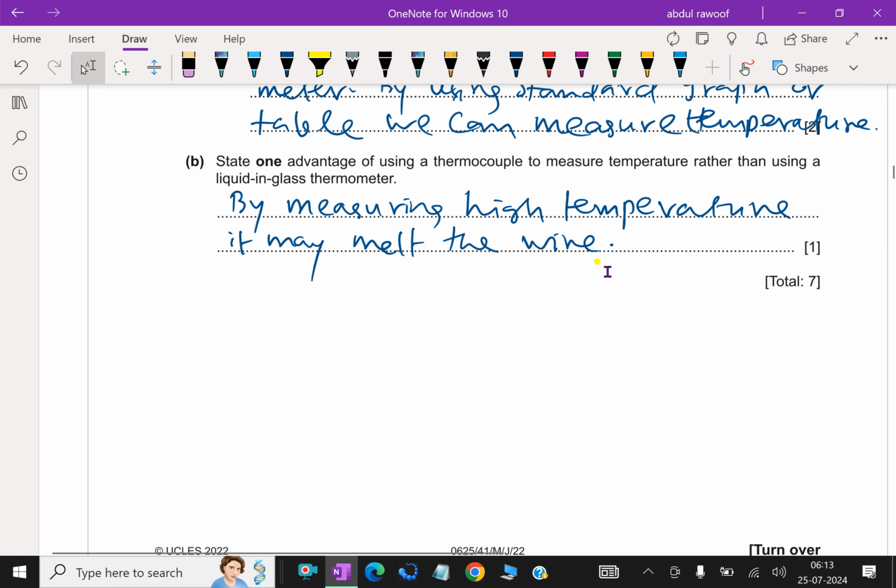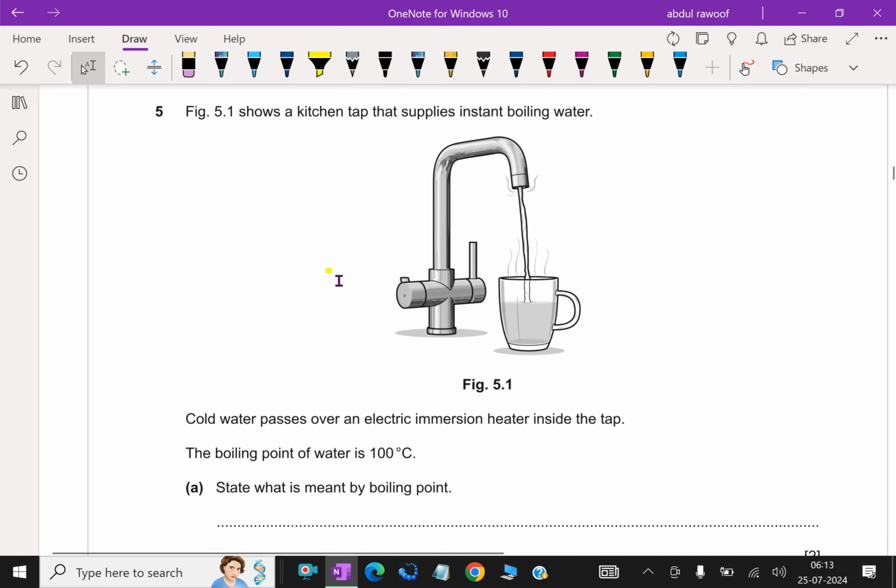Then the calibration is not accurate. So it is better to use a thermocouple rather than a liquid in glass thermometer. Next question.